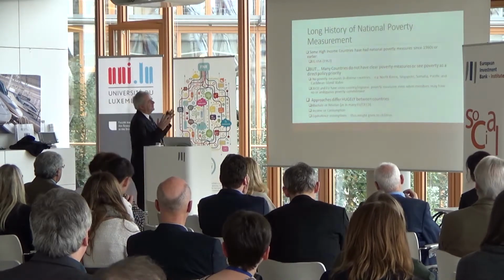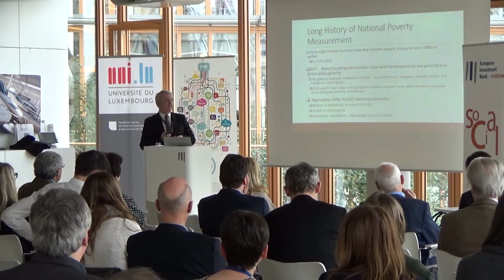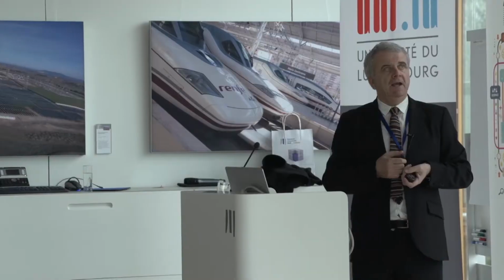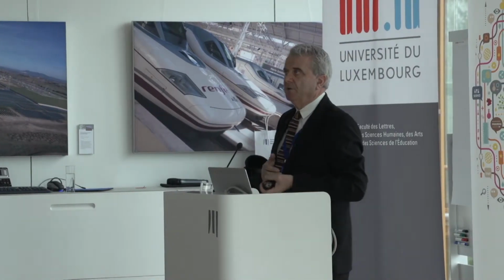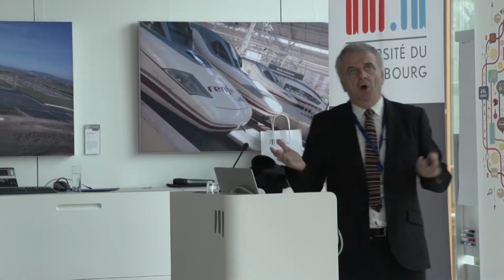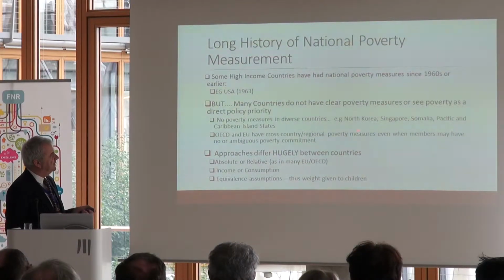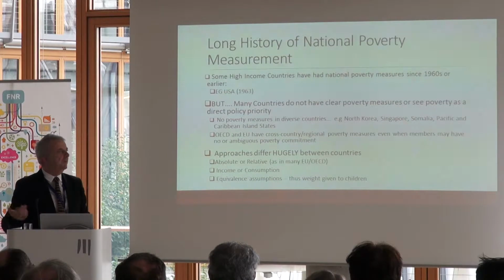But while countries have had that, not all countries see it as a priority, and not all countries measure poverty. We know there are some countries who do not have a poverty measure. Maybe that's because of ideological reasons, countries like North Korea and Cuba.